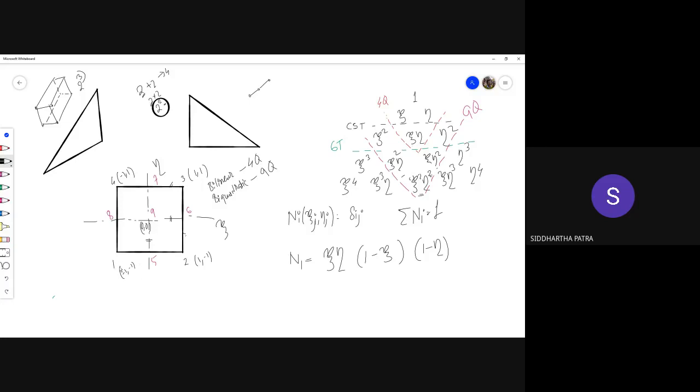coordinates of node number 1, okay, what value do you get for N1? 4. So I need to be dividing this by 4, or in other words, these are the different shape functions.